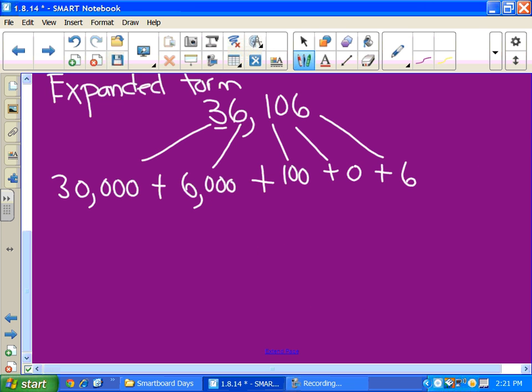Last but not least is actually going backwards. So if I gave you an expanded form or a word form, you will be able to write the numeral.